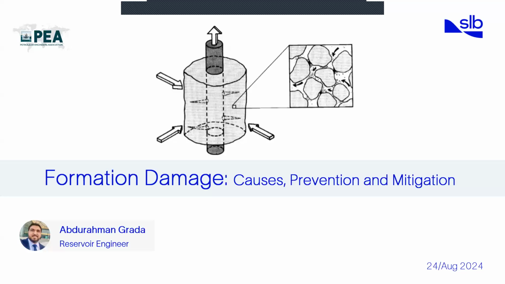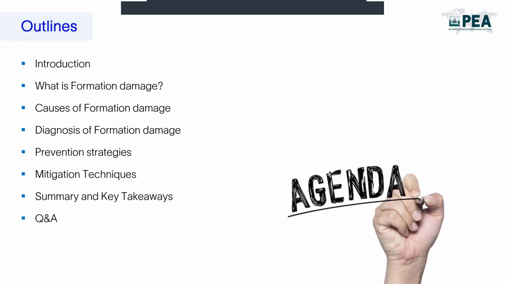During this webinar, we'll be talking about a couple of topics. Starting with the introduction, we'll see what formation damage is, what the main causes of formation damage are, and the things that contribute to it. And then we will see how we can diagnose any formation damage that could occur during the well life.